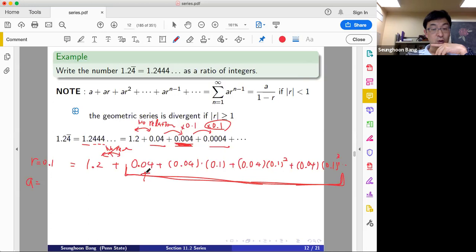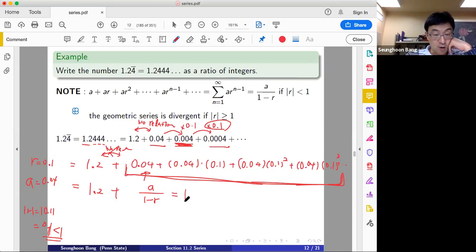So 0.04 is A. So you have to keep 1.2 plus the series whose starting number is 0.04, which is A. We have A over 1 minus R, right? Because the absolute value of R is the absolute value of 0.1, which is less than 1, always less than 1. So we have a convergent result.